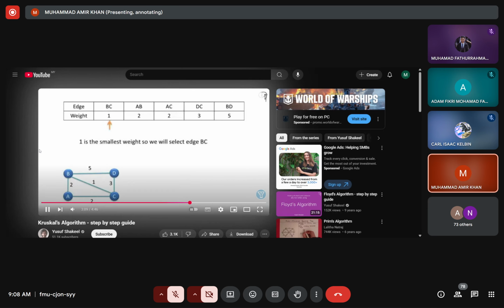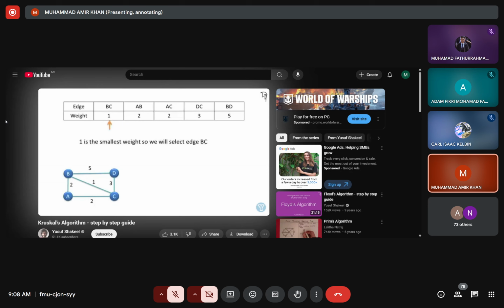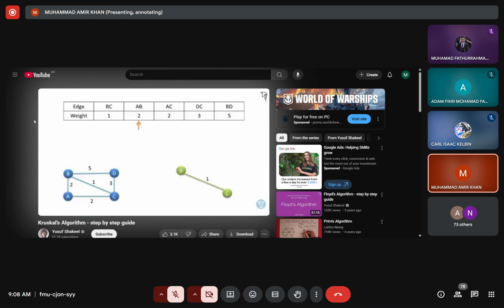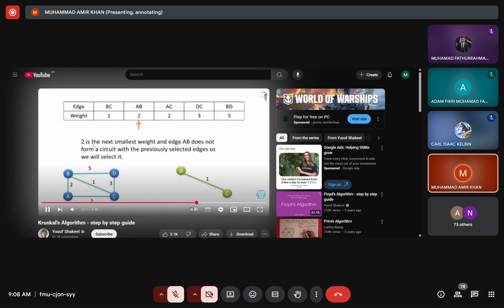See, 1 is the smallest weight, so we select BC. We selected BC. And then next, 2 is the smallest weight edge, AB, and it does not form a circuit with the previously selected edge, so we select it.